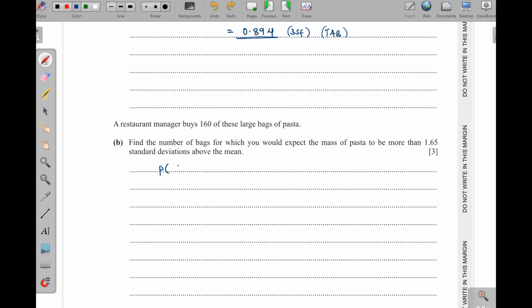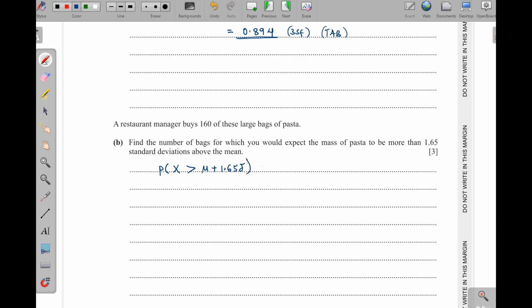So this one I can write as X greater than the mean, because it is the mass here, greater than 1.65 standard deviations above the mean. You get it? 1.65 standard deviations, so you multiply by the standard deviation, but it is above the mean, so we put the plus on the mean.